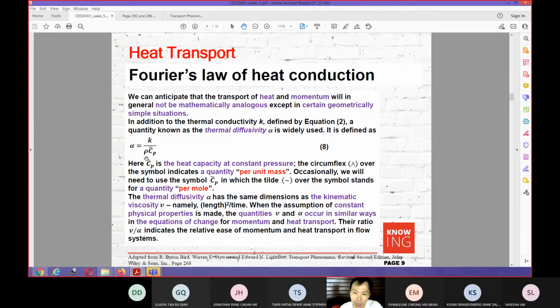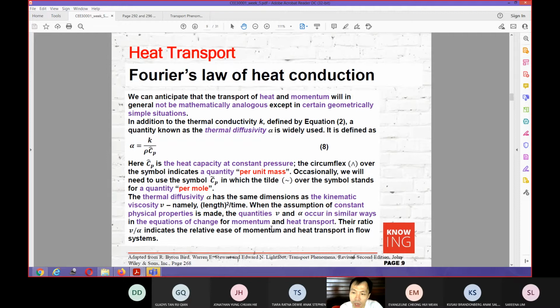Okay, the circumflex in here indicates per unit mass. You may also have something else, if you have the tilde in here, then that is called per mole. The thermal diffusivity in here has the same dimension as the kinematic viscosity, so it will be length squared per time.